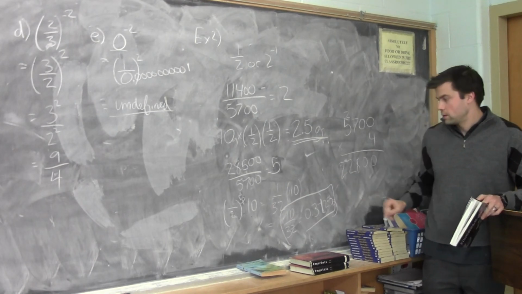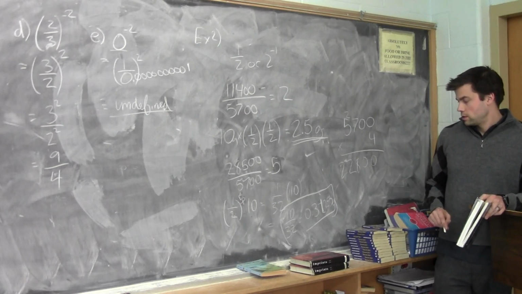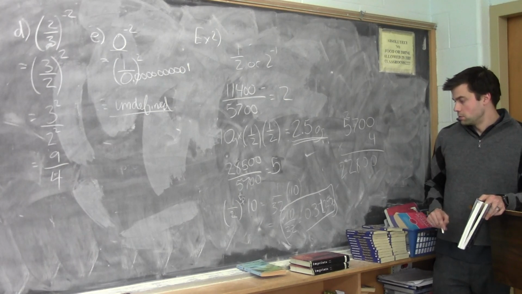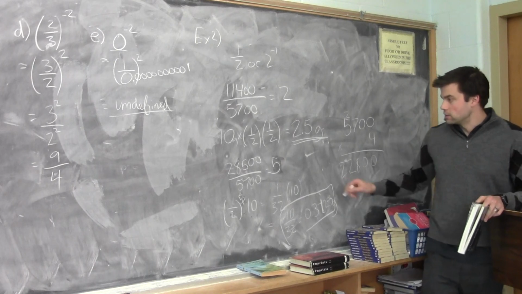You didn't go to the lowest terms, so it'd be 5 over 16. It doesn't matter, it'd be the same decimal. So what did you guys get? 0.3125. Okay, so that's the answer.